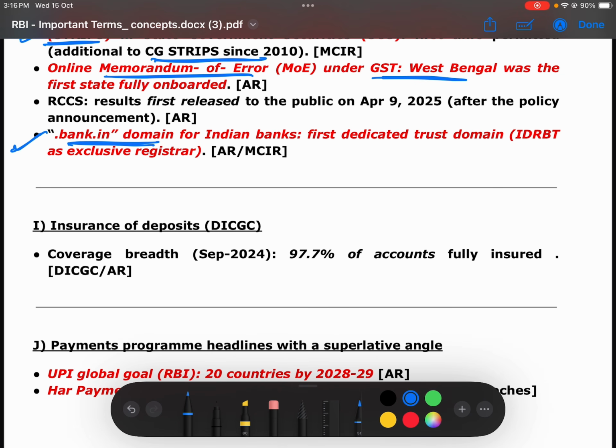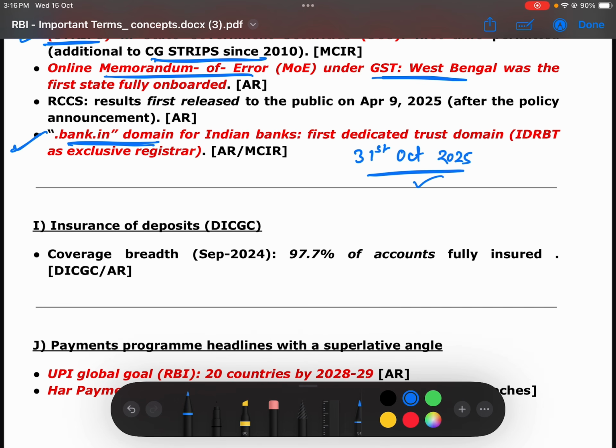To reduce the number of frauds, it is mandated that banks will shift to the dot bank dot in domain by 31st of October 2025. Every bank will have dot bank dot in after their name, and they have to comply by 31st of October 2025.